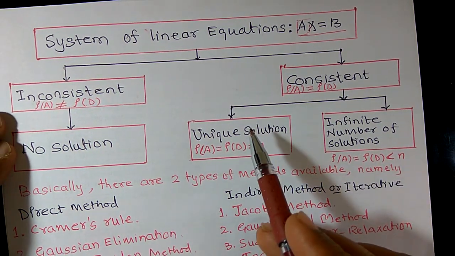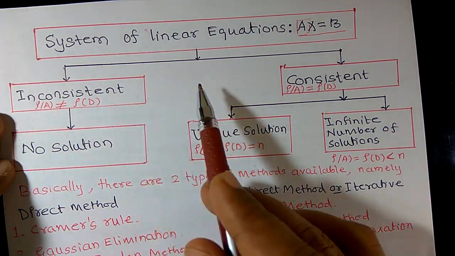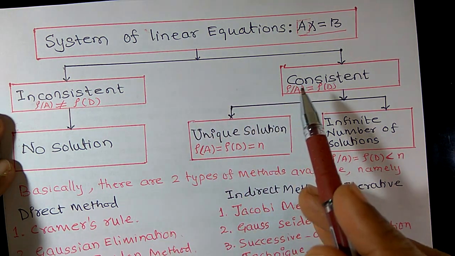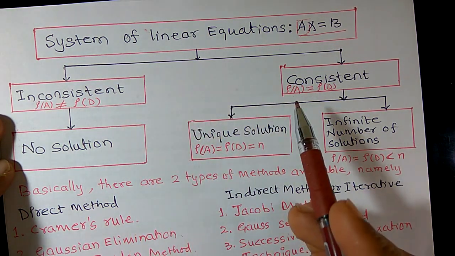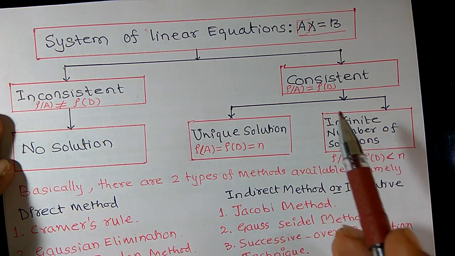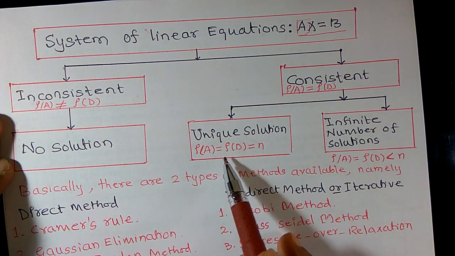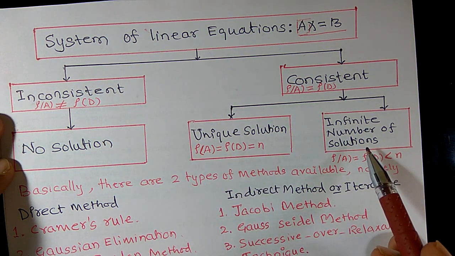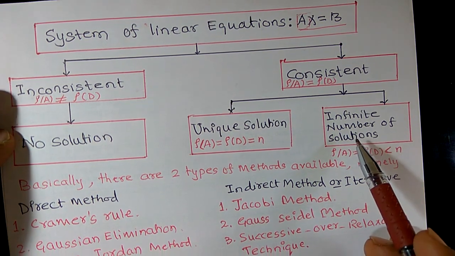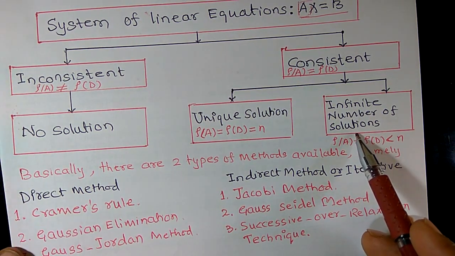Now we are able to examine, if they have given a linear system of equations, whether you will get a solution or not. Suppose we get a solution, we can find whether it is a unique solution or infinitely many solutions. How do you find the solution? That is the question.